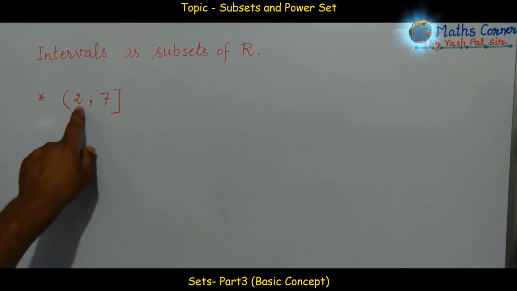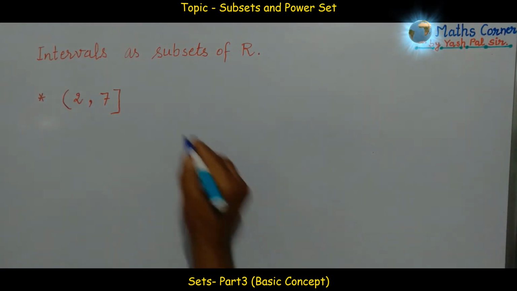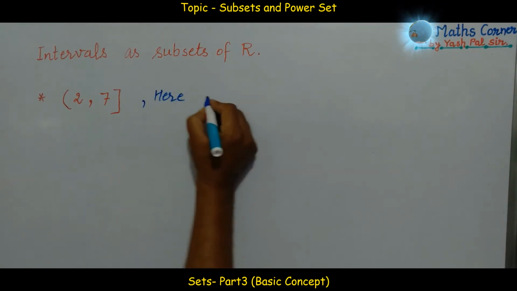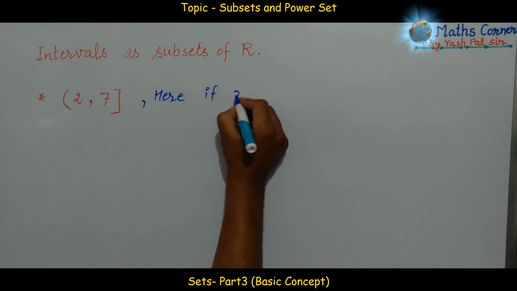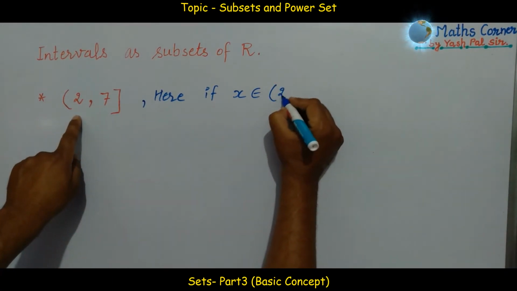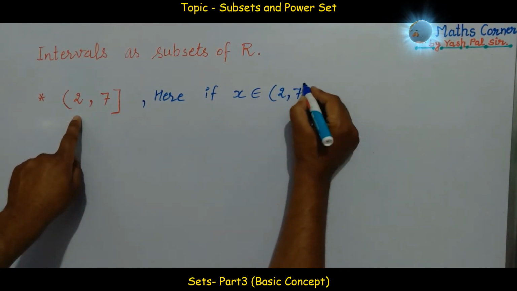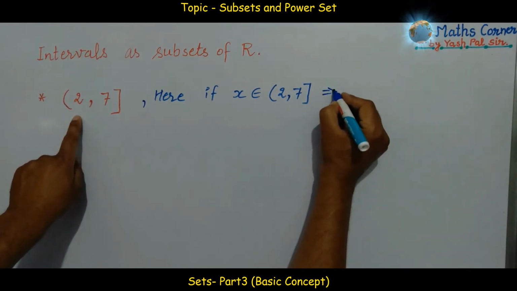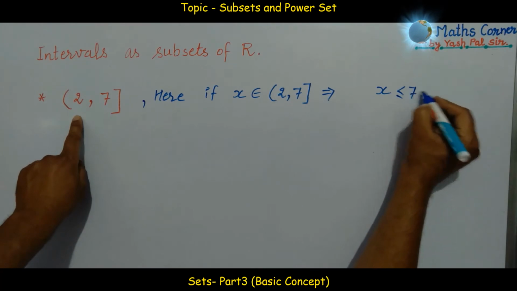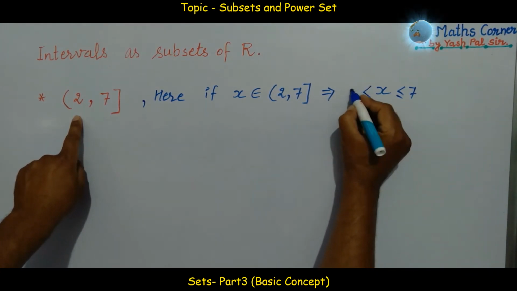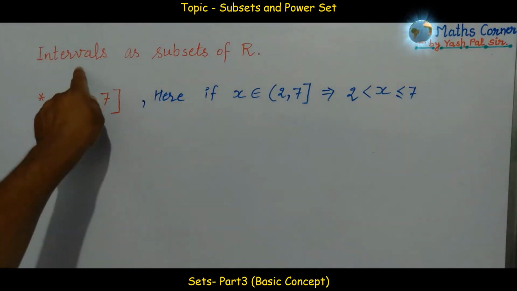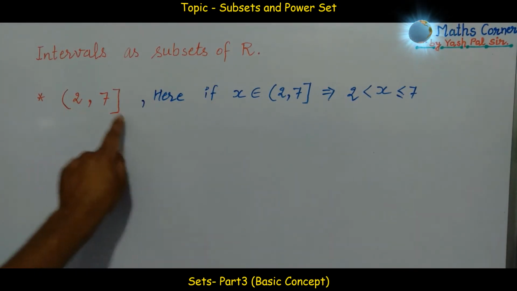Numbers between 2 and 7. Here, what we say, if x belongs to this bracket, open closed bracket, it means x is less than or equal to 7, greater than 2, and x belongs to real numbers. Already we are taking this as real numbers.